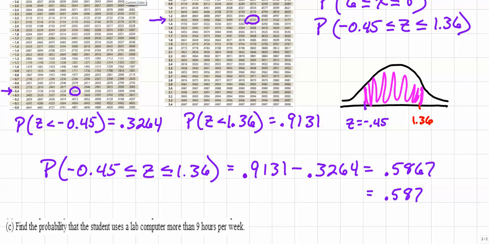Therefore, once we find the area for this z-score, which is right here, and then we find the area for this z-score, which is right here, but notice that it overlaps, we're looking for just the difference between the two. We want to get rid of everything that overlaps. So this needs to be subtracted out.